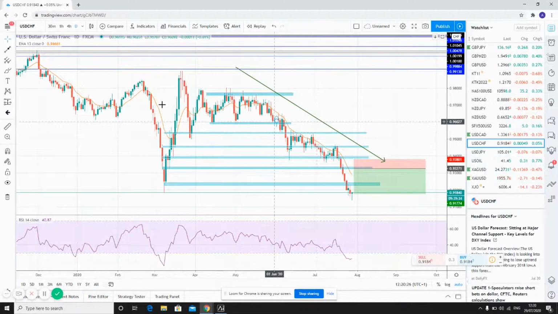But because of this downtrend, we had this break of support structure here, and then we came up, we had the retest here, and sellers kicked in. As I said, when we're looking at retests of resistance, we're going to look for a surplus of sellers. And sellers knocked this all the way down, constantly finding a bit of range, breaking down, retesting, sellers kicked in, and have driven USDCHF to the floor.